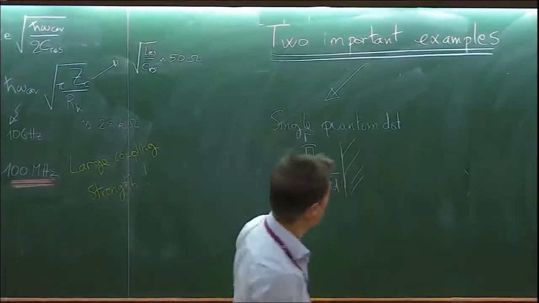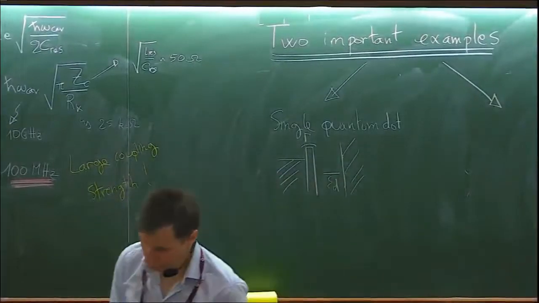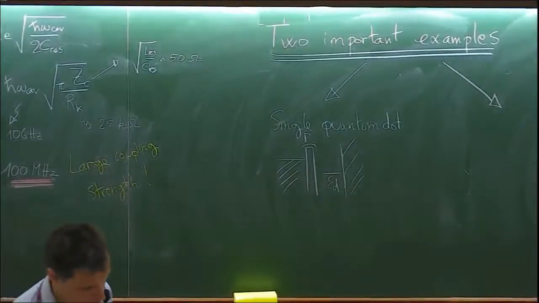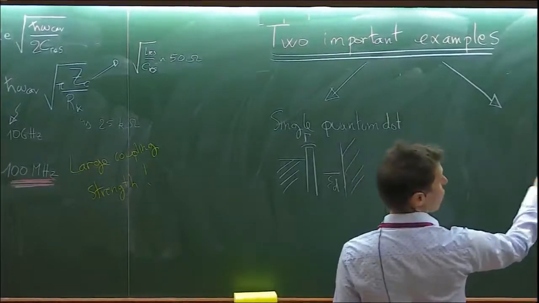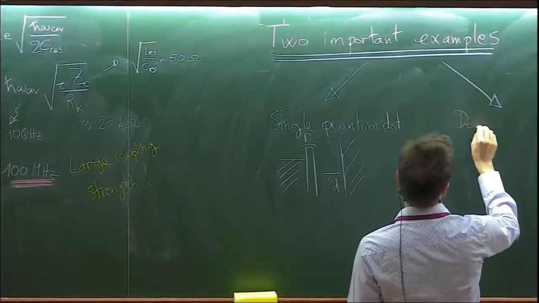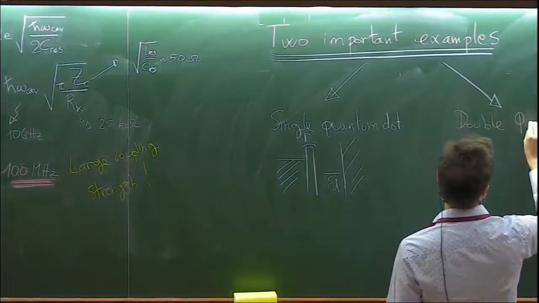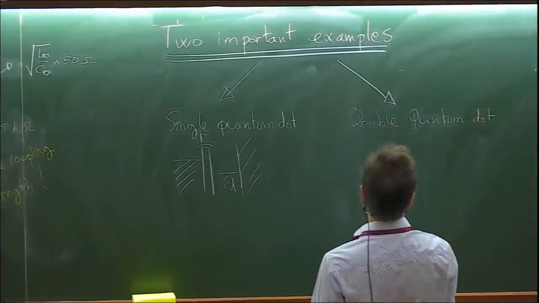But then there is the other very important example, which has already been studied a lot, in lecture by Jason, the double quantum dots. So this will be the second part.